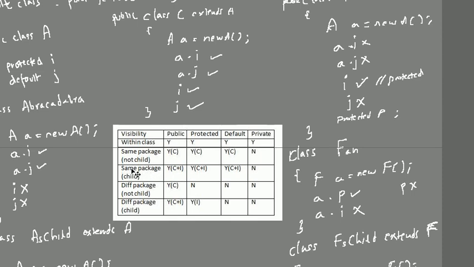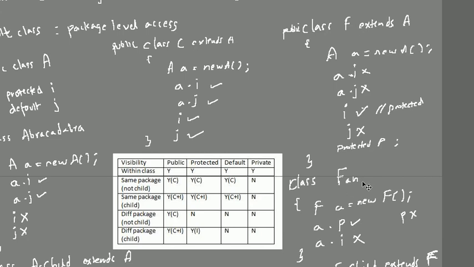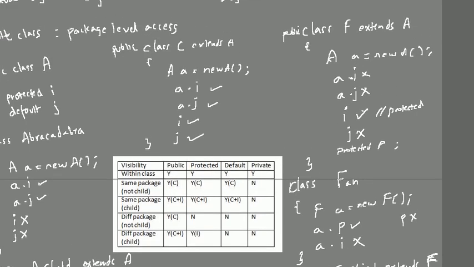Same package but not a child, you can access protected using containment, right? So same package, so fan is in the same package as F, and I is a protected member, so that means you should be able to access I within fan, but you're not able to because I is from a different package.